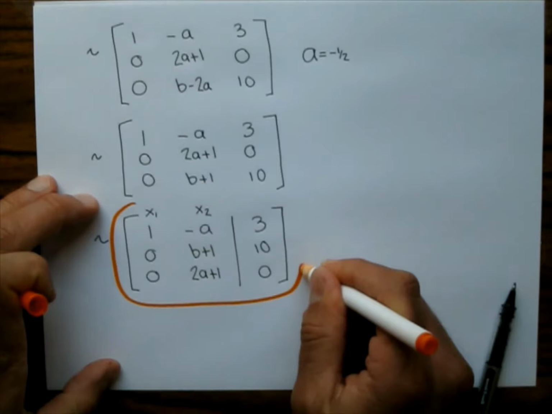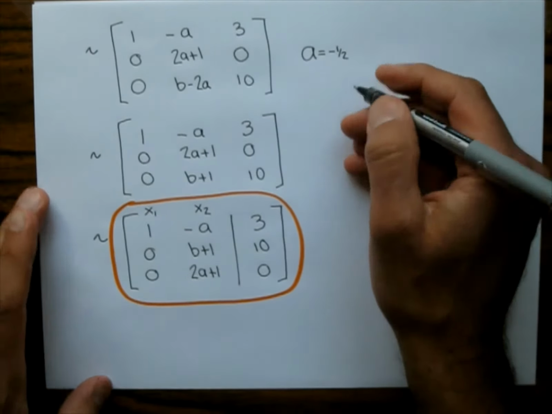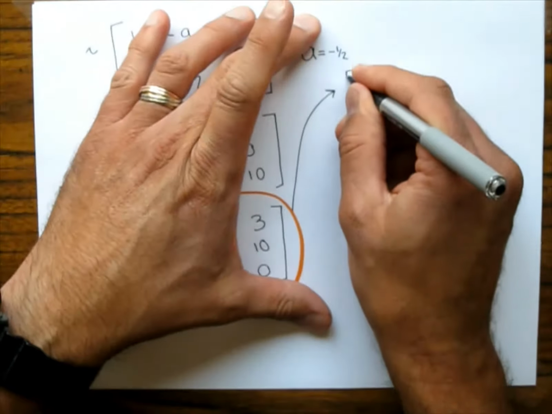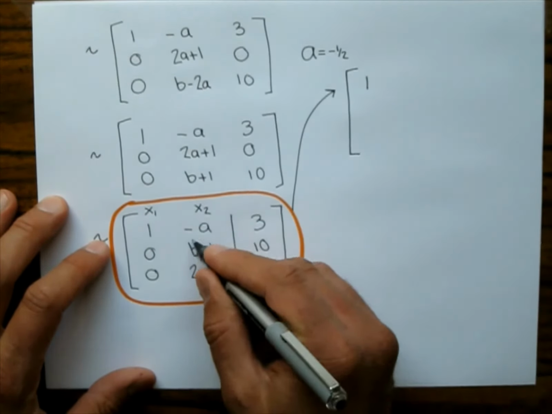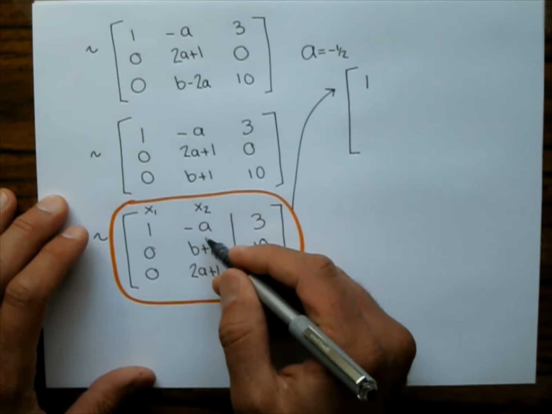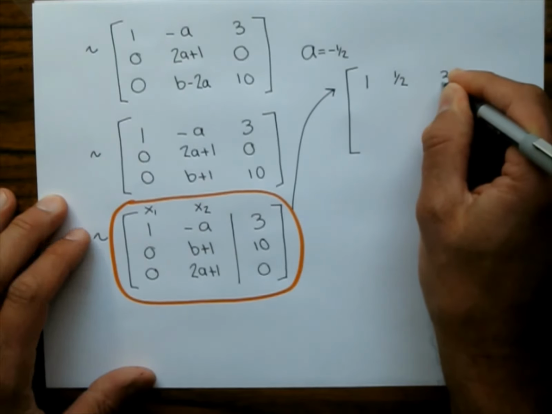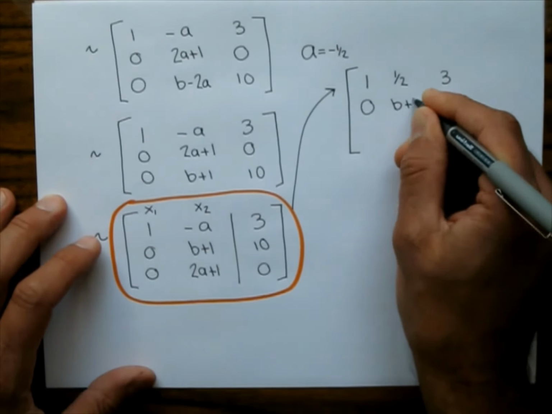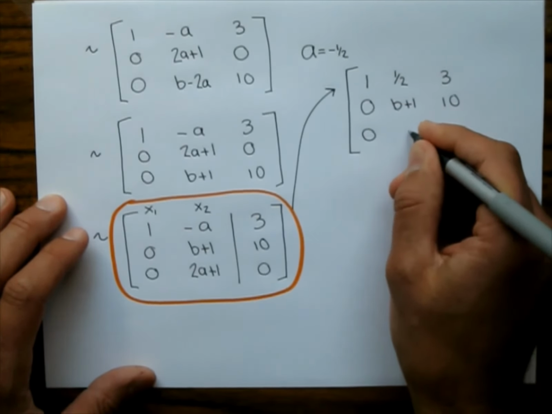I'm not focusing on any other matrices on this page. So if a equals negative 1/2, then this thing becomes 1, and then in front of a negative 1/2 is a positive 1/2, 3. And then I have 0, b plus 1, 10, and then the last one is all zeros.